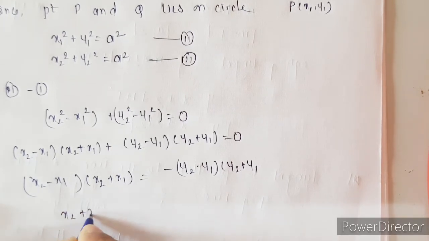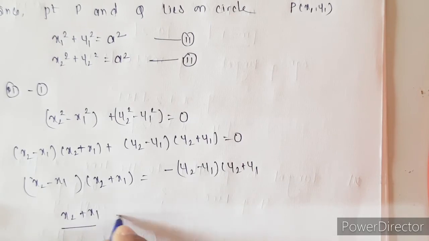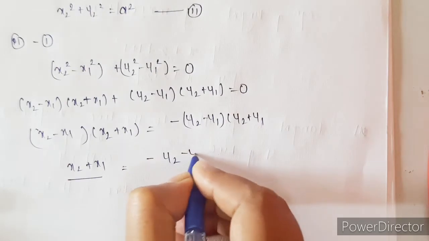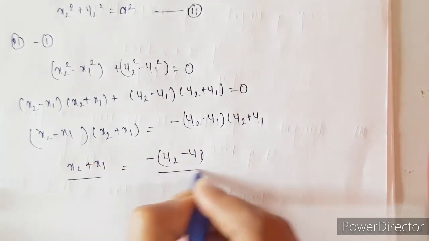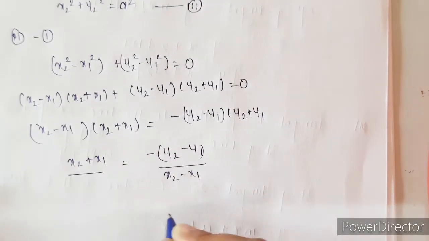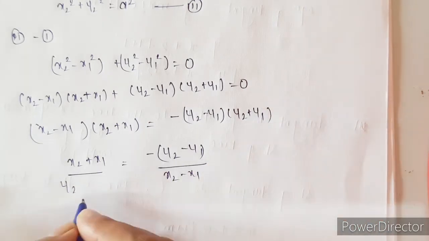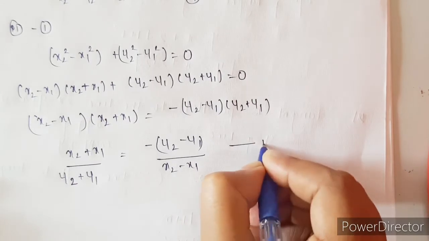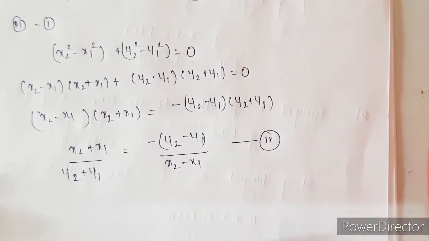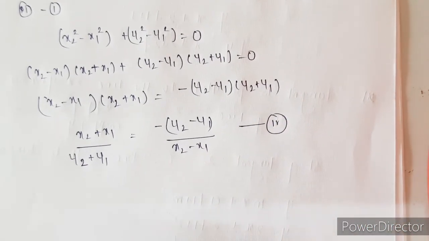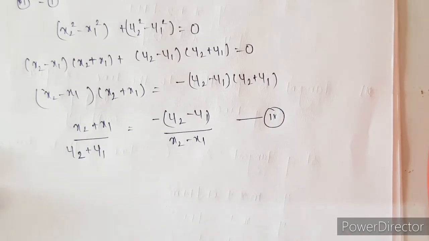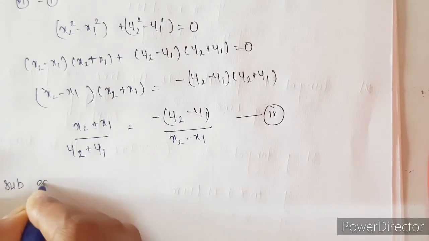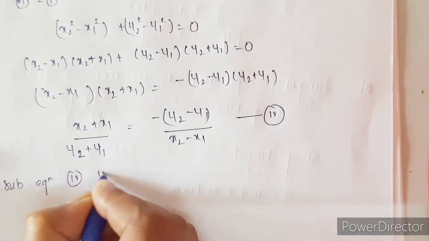Now keeping this as it is, here I have y2 minus y1, taking x2 minus x1 here and getting y2 plus y1 to the other side, marking this as equation 4. Now suppose I substitute equation 4 in equation 1.